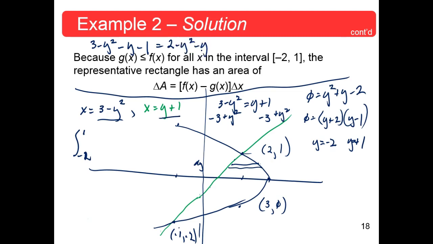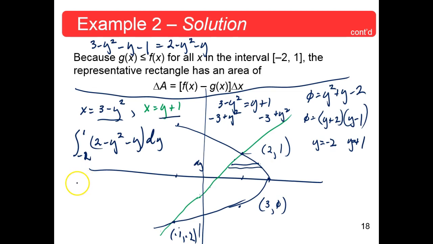It doesn't matter how you write these. That's just as good as any. So let's do that as your integrand: 2 minus y squared minus y. And your differentiation is with respect to y, which is good because that's what you're in terms of. And y going from negative 2 to plus 1. Everything's in y. What's the integral?